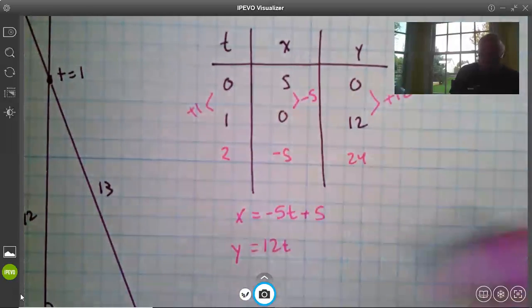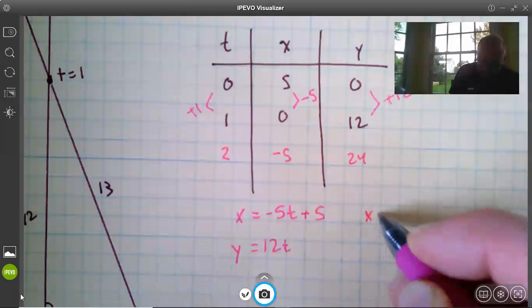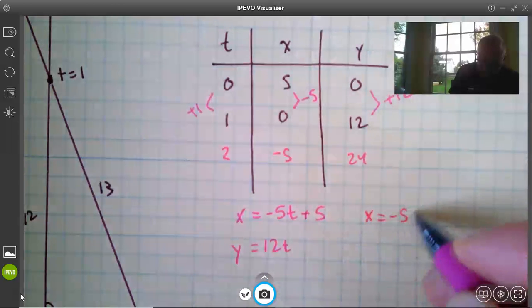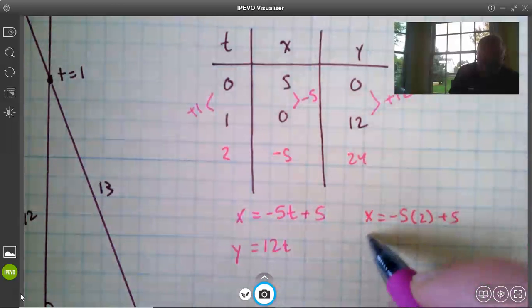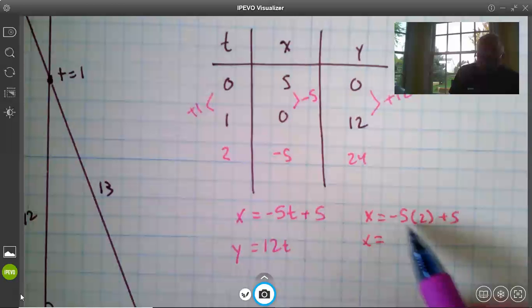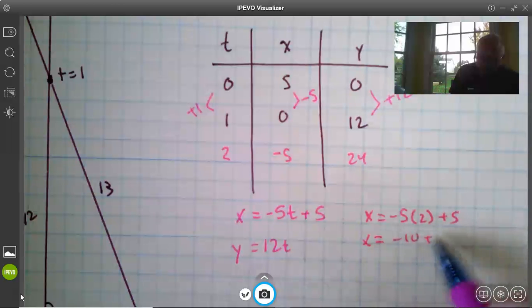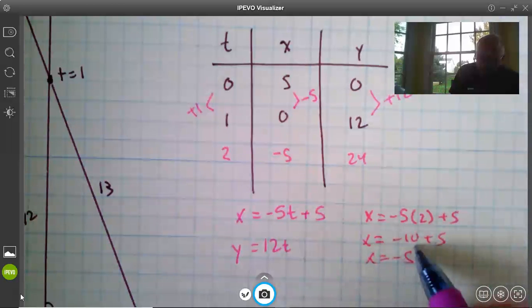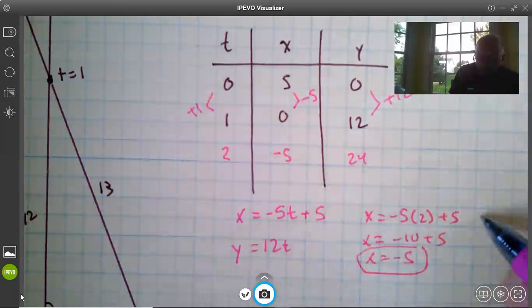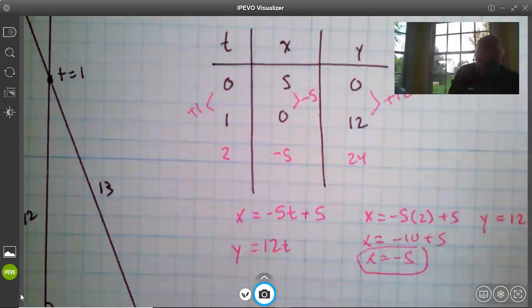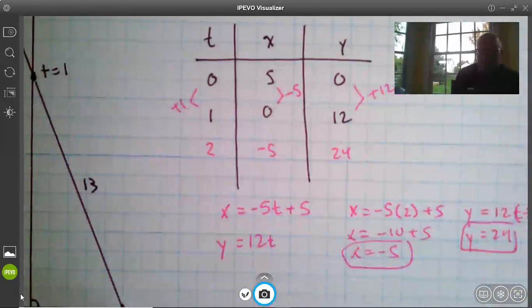But then we can plug these in. So x equals negative 5 times 2, plus 5. X equals negative 10 plus 5, so x equals negative 5. Y equals 12 times 2, y equals 24. So using our formulas, we can get the same numbers we would get by just following the pattern.